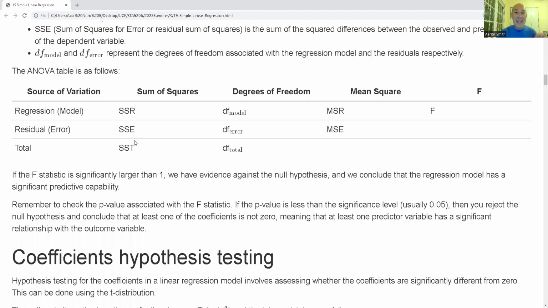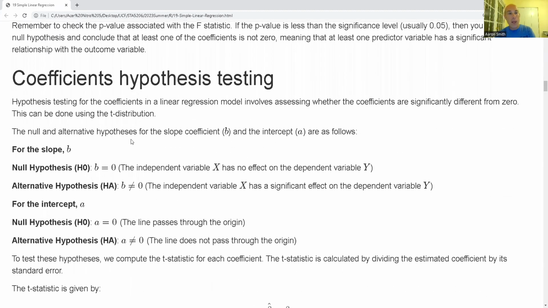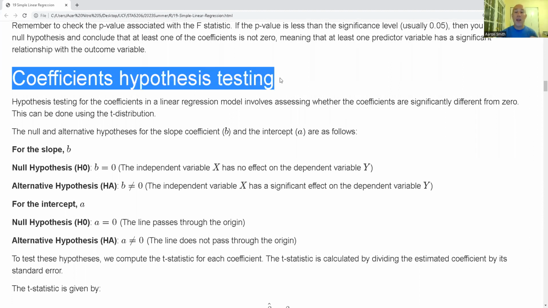If I want to check individual independent variables, I'm going to run hypothesis tests on the individual coefficients, and so I'm going to have a lot more tests when I run this way. In general, you're going to do ANOVA first and check to see, hey, I have something worthwhile here. Now I'm going to start checking to see which ones are worthwhile and of informative value.